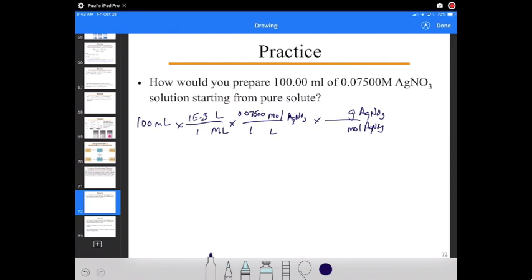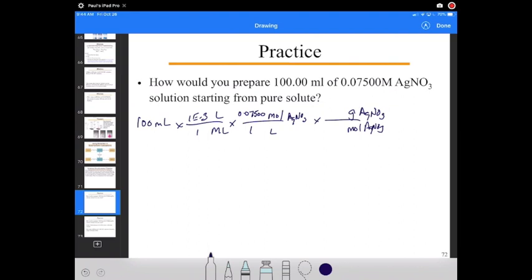And so can I change moles of silver nitrate into grams? That is a conversion factor called what? Molar mass. And if I look up silver, silver here is 107.87 plus nitrogen is 14.01 plus 3 oxygens is another 48.